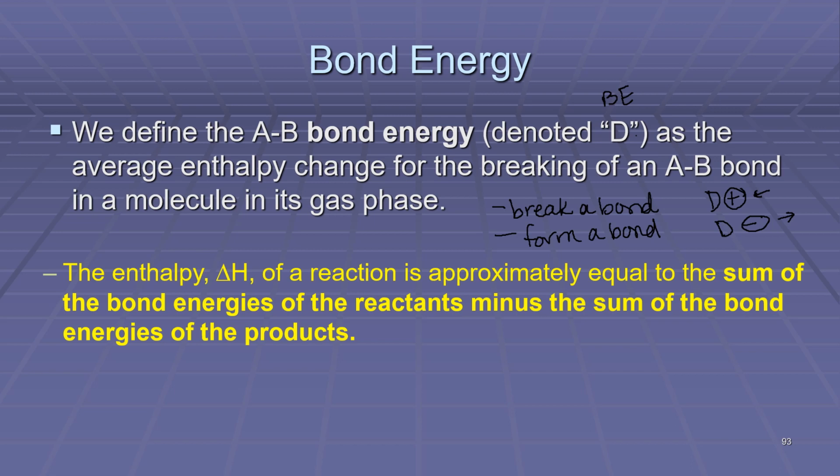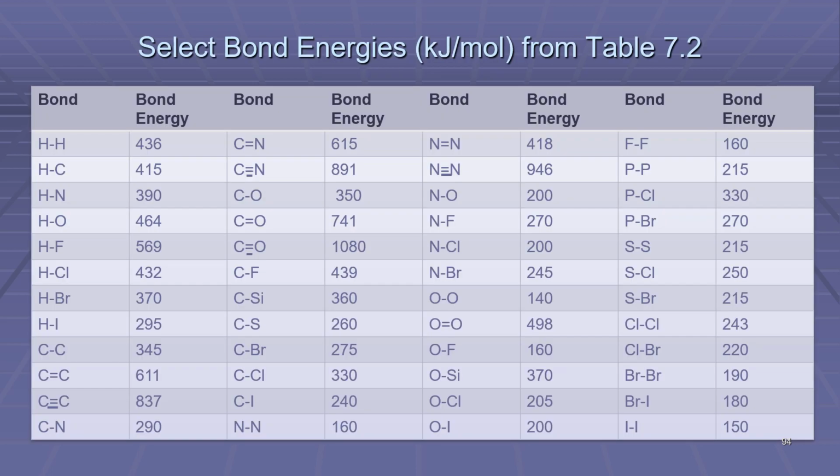We did this back in chapter 5, I think, and now we're going to do it from a different perspective. On the next slide, there's a table, and actually the table in your book is a little bit longer and has some more, so if you can't find the one you're looking for on this table, look in your book.